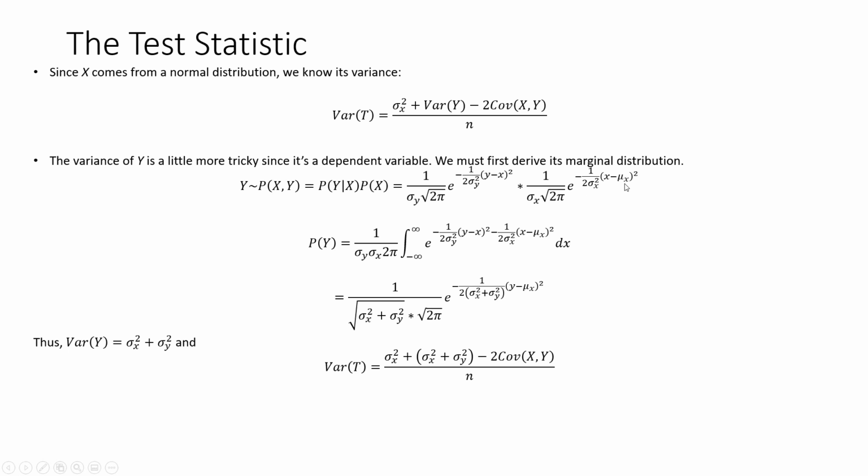And so the distribution of x obviously has the mean mu x and standard deviation sigma x. And also notice that I have this sigma y here, it's important to note that this sigma y is not the standard deviation of y, but it's the standard deviation of the dependent portion of y.